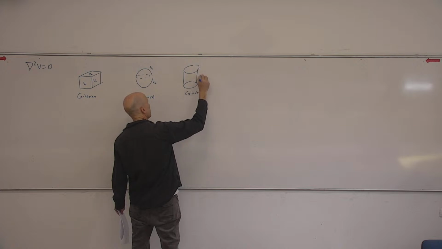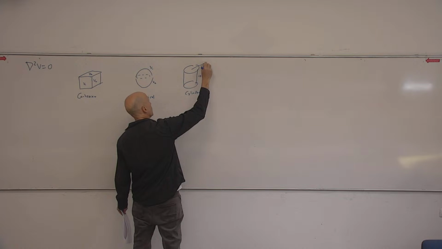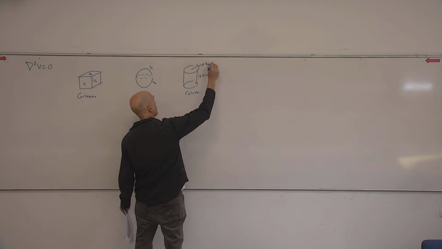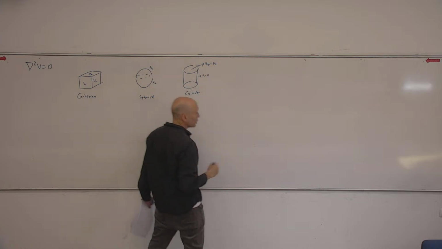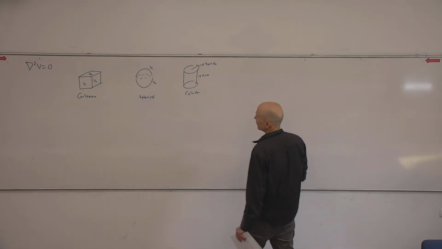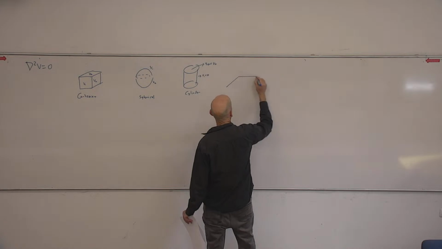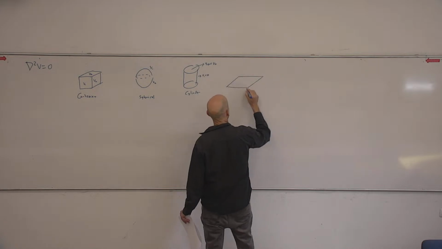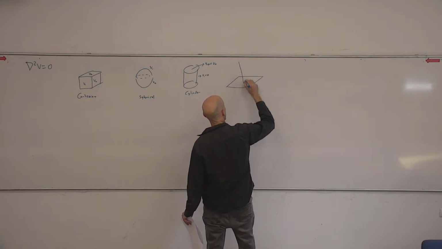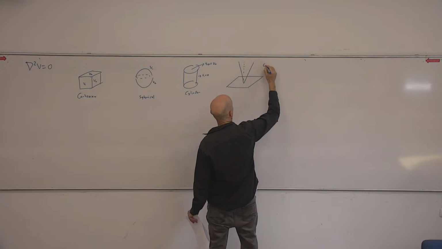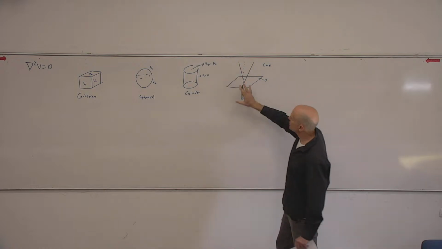There's some V here, let's say V1 here, and V0 up there, for example, but it can be many things. Of course, sometimes you need to think a bit about what coordinates you need to use. So let us say you have a cone. This is a cone, this is a surface.